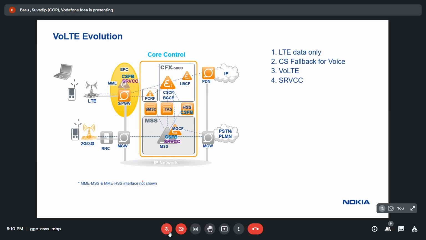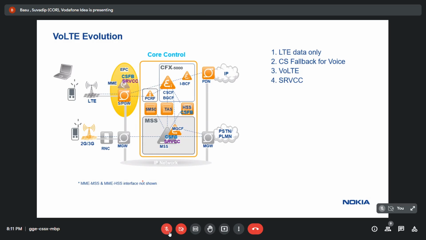Then came the SRVCC. SRVCC means single radio voice call continuity. Now what does that mean? That means irrespective of your radio technology, your call has to continue. So if you are moving, say you are in a 4G coverage, you are talking on VoLTE. Now suppose you move into a scenario where your 4G coverage is not there, your call should not get disconnected.